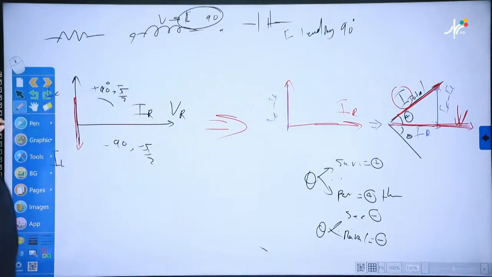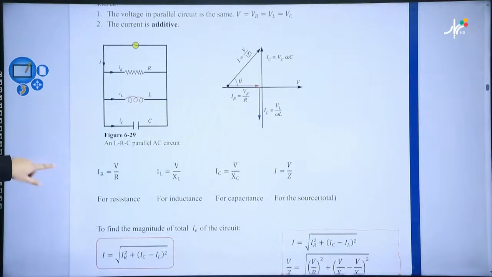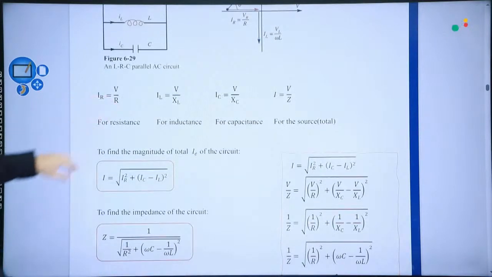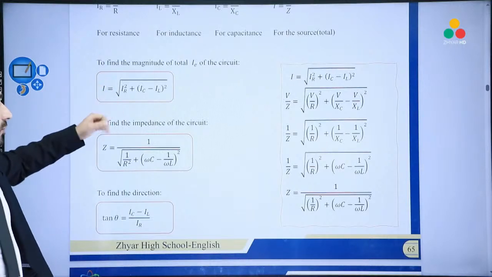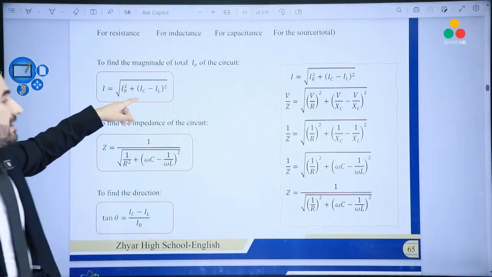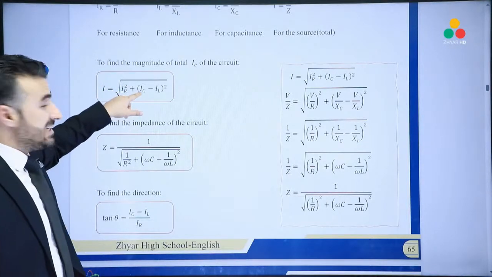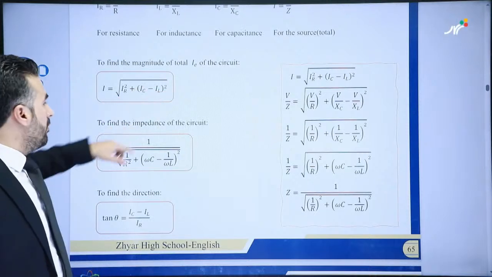So remember the equations that we have? We've run through this. Whenever you want to find the total current, we'll say IR squared plus, once again, careful, IC minus IL, the whole thing squared.